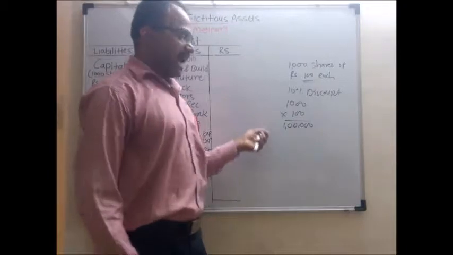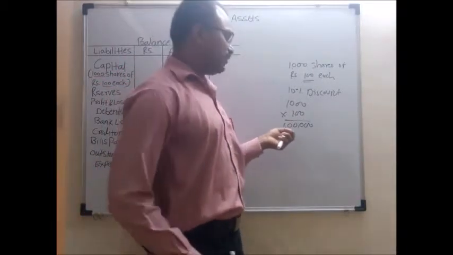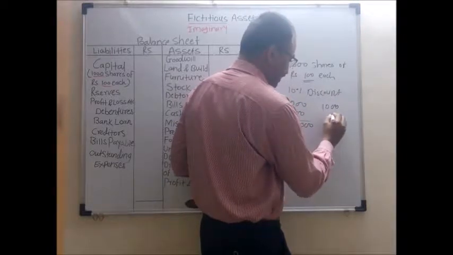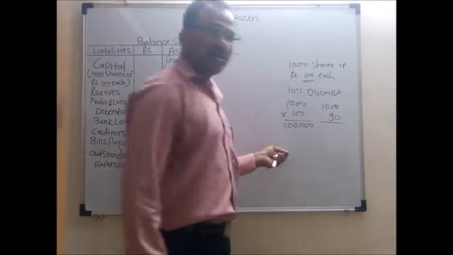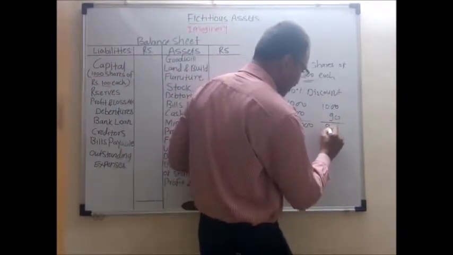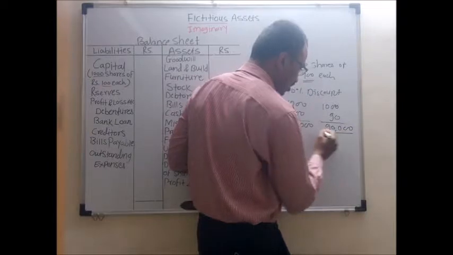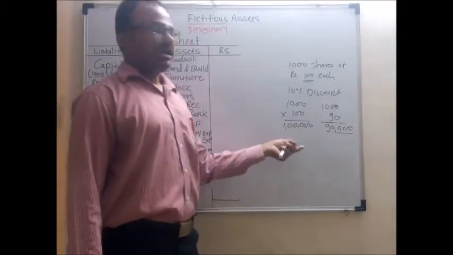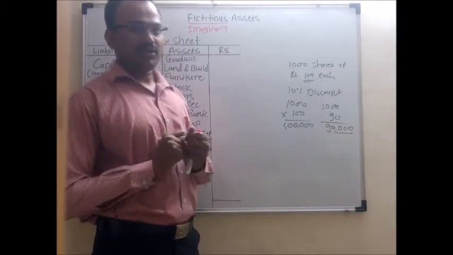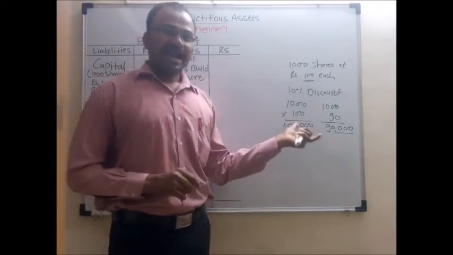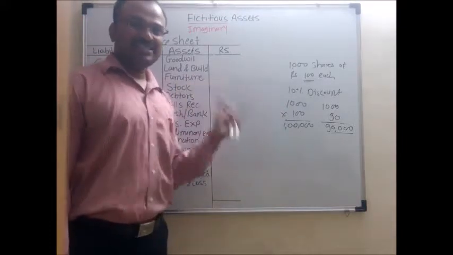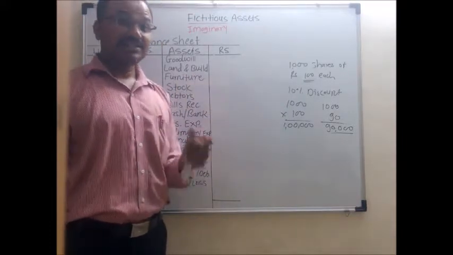But actually I am selling my shares at a discounted price of rupees 10, it means I am selling my share at rupees 90 per share, and that's why I will get the capital or cash of rupees 90,000 against the share capital of rupees 1 lakh. So this is the situation, and now I have to show this information in the balance sheet of my company.